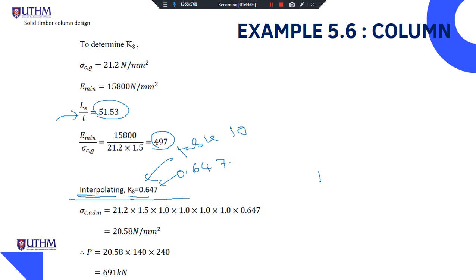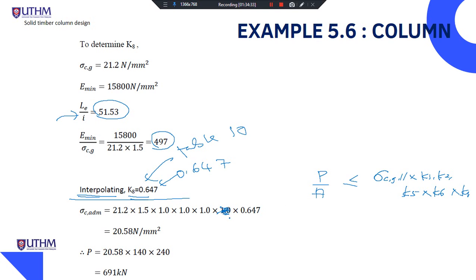And from this verification, we know that P over A must be less than or equal to the compression stress parallel to grain multiplied with K1, K2, K5, K6 and K8.